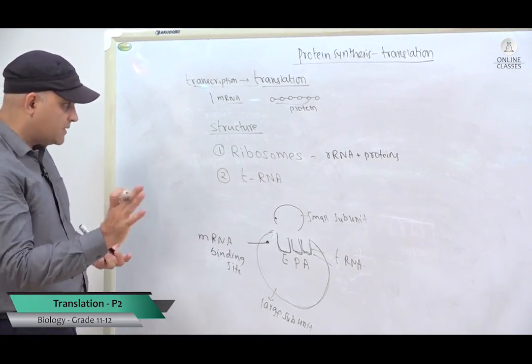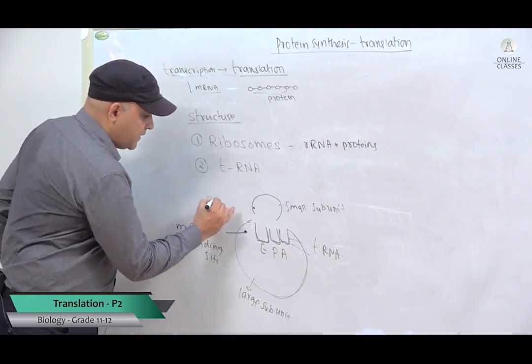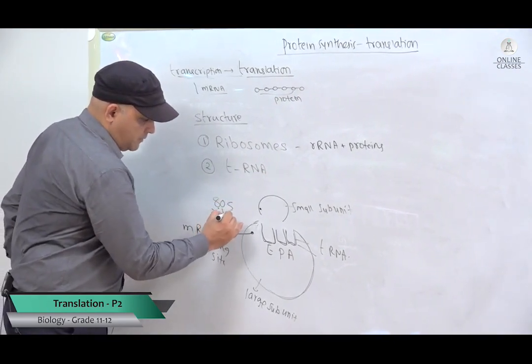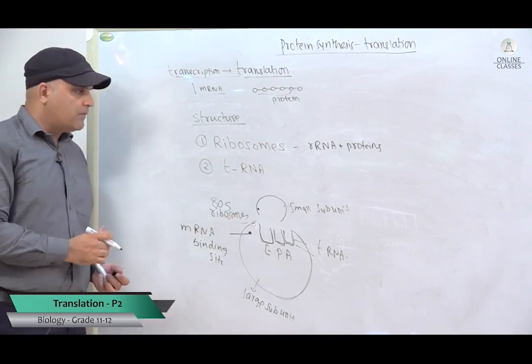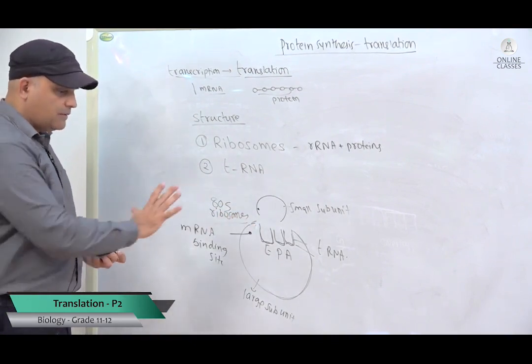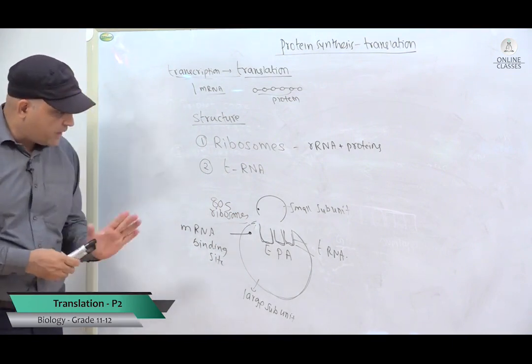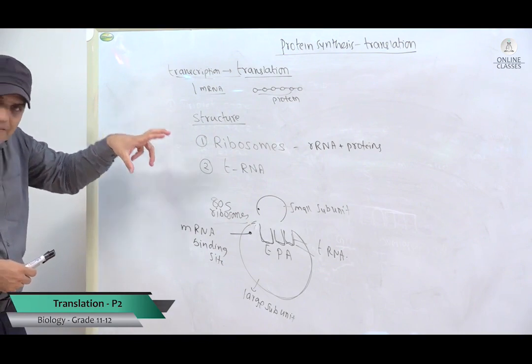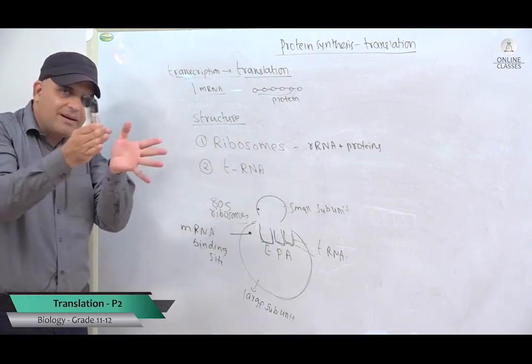You can just say they have binding sites for tRNA as well. And eukaryotic cells have 80S ribosomes, whereas prokaryotic cells have 70S ribosomes. That will be enough for the ribosomes part. So if they ask you what's the function of ribosomes, you can say ribosomes are the places where the mRNA binds and then amino acids are attached to one another.